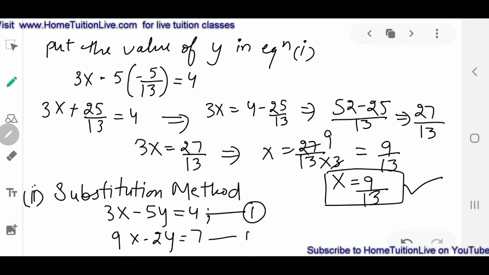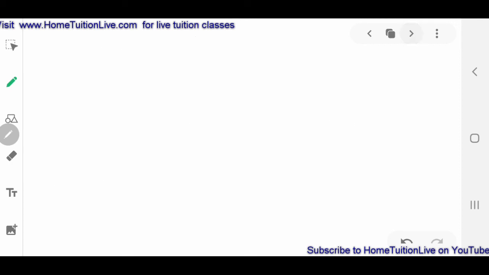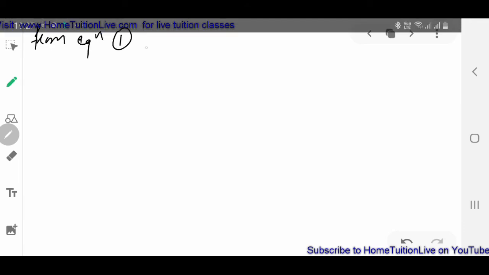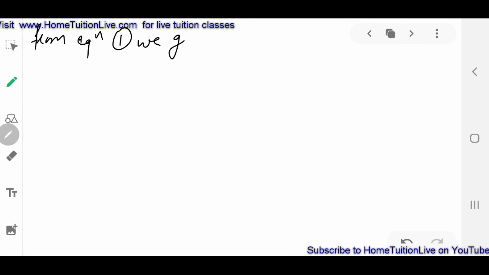This is the second equation. Now from equation 1 we get x equals 4 plus 5y upon 3.